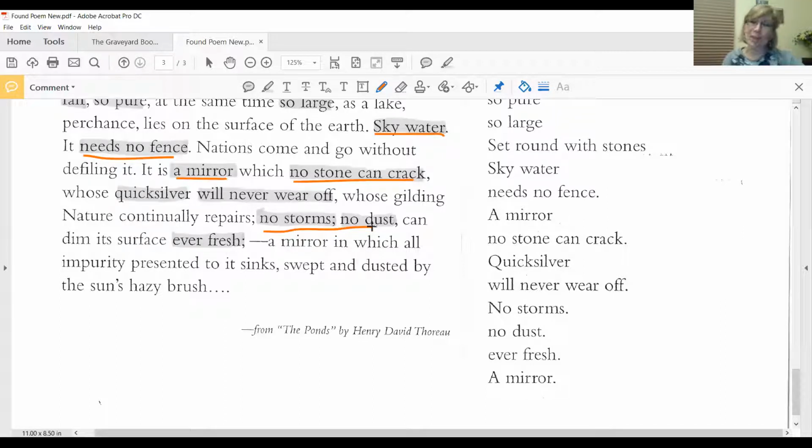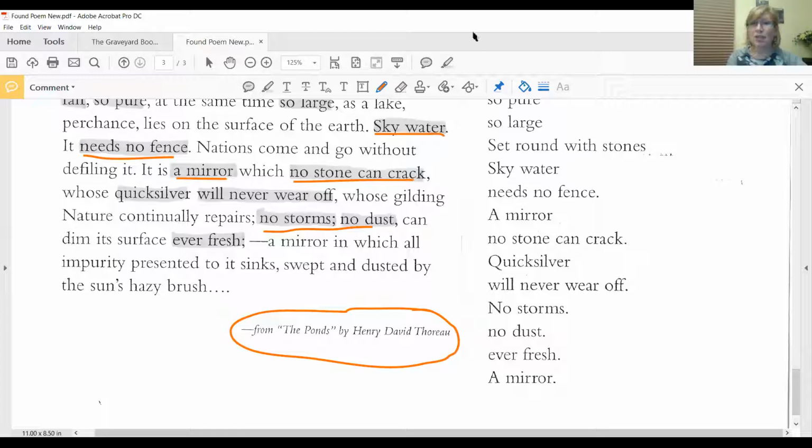Maybe there's some repetition for effect, or figurative language, or something else that makes it seem very creative or interesting. Okay? We typed the words up, we added a title, and then we're going to give it credit from where it came from. Who's the original author, the author of the original text?